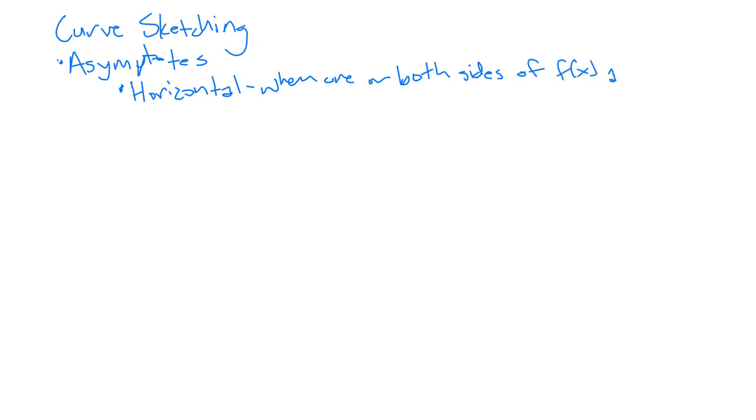We have horizontal, and that is when one or both sides of f of x approaches 0.